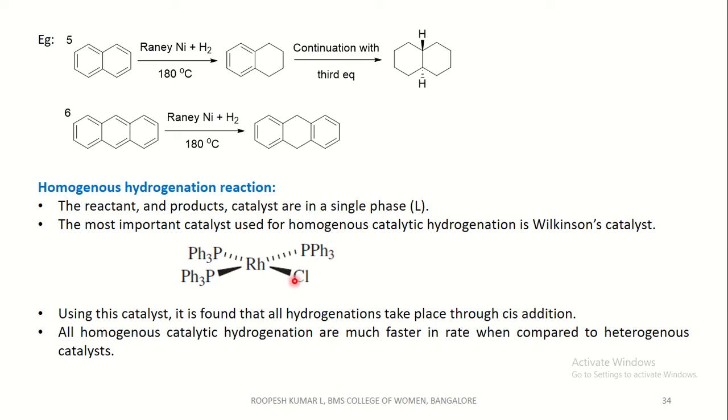Using this catalyst, it is found that all hydrogenations take place through cis addition. All homogeneous catalytic hydrogenations are much faster in rate when compared to heterogeneous catalysts.